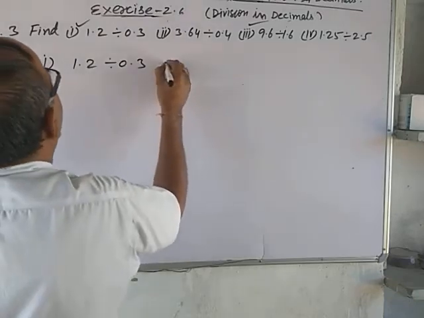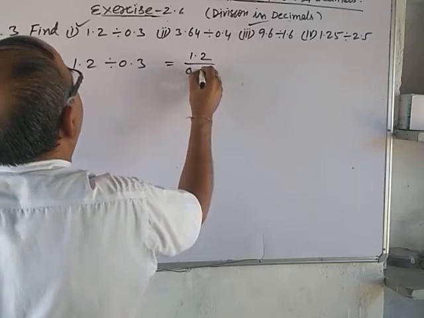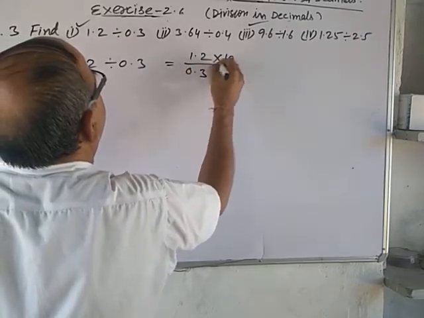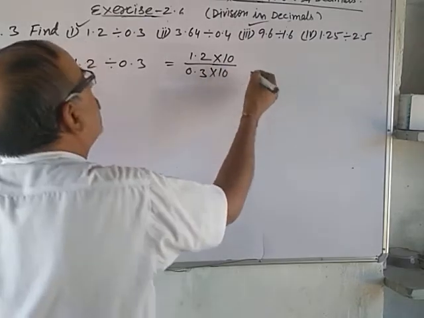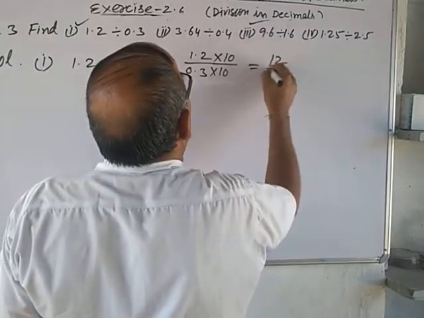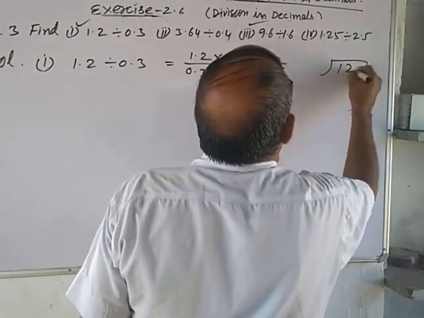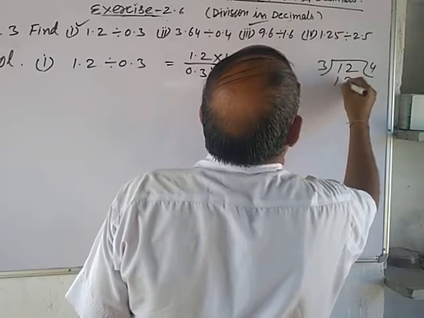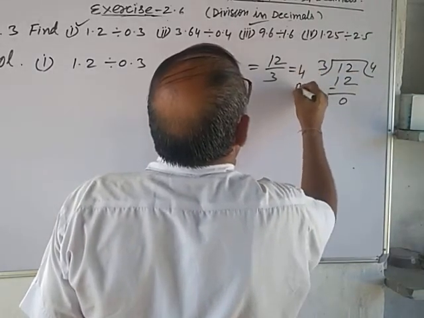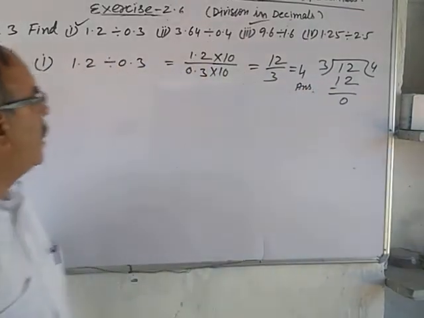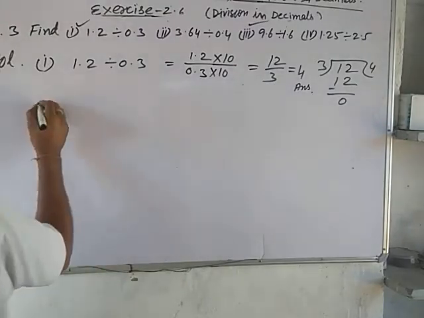We write it 1.2 upon 0.3 and multiply by 10 with numerator and multiply by 10 with denominator. It becomes 12 and it becomes 3. Start the division. 3 4s are 12, remainder is 0, so the answer is 4. The part 3rd.